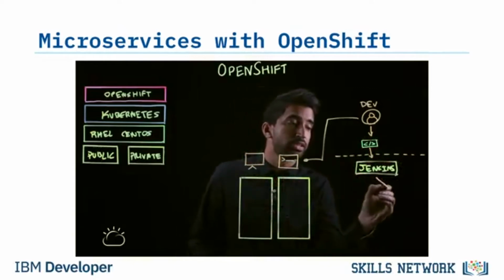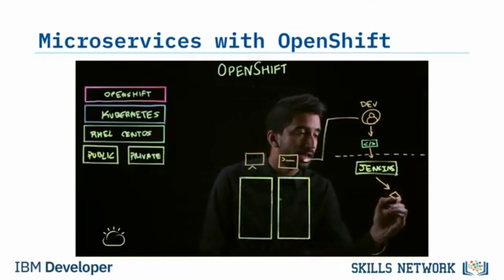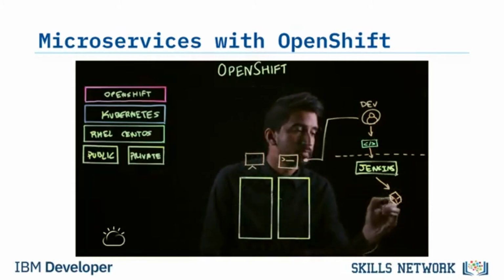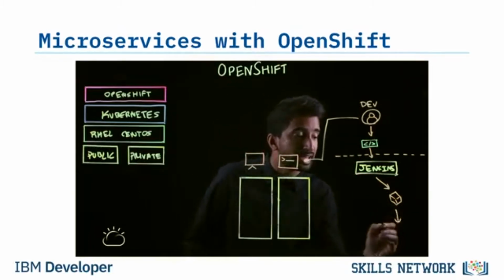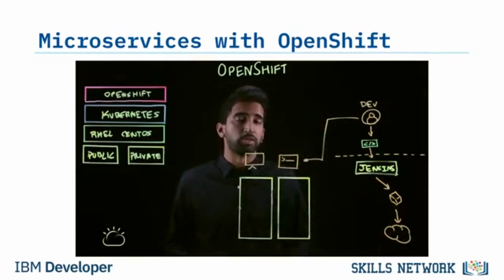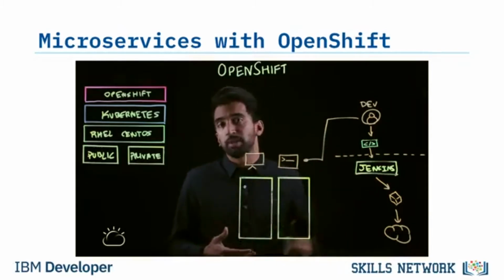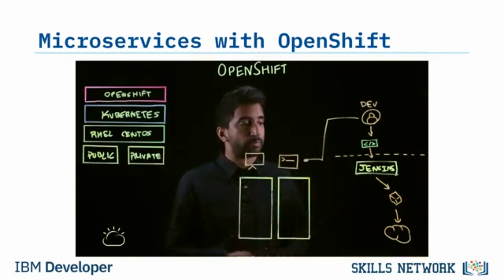First, what it's going to do is do something called source to image, which is going to create a Docker image out of that source code. Next, it's going to go ahead and take that and put it into a registry, a private registry, which comes built in OpenShift. And in fact, you can actually use public registries or your own registry if you have it outside of this context as well.